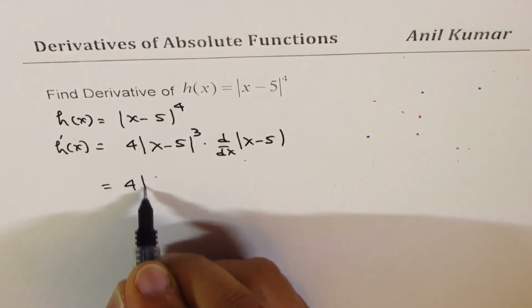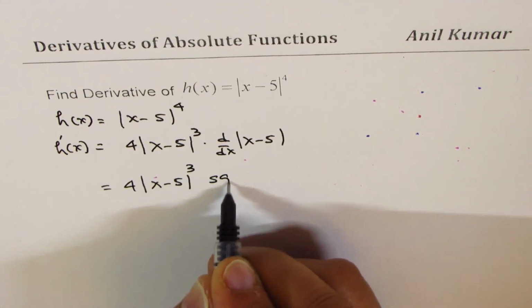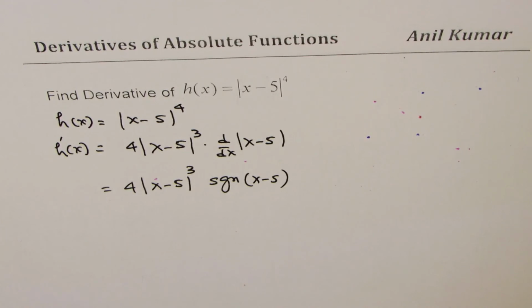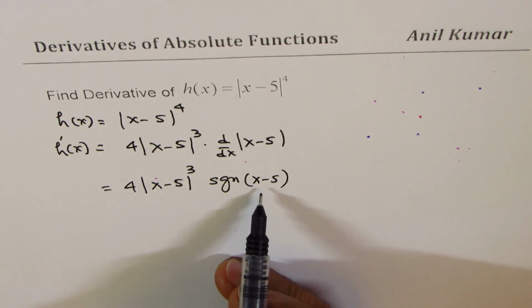I know the derivative of this function is signum x minus 5. We just derived it. That's a very interesting way of finding it.